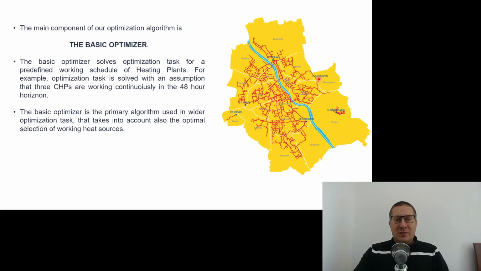And the basic optimizer solves the task for a given configuration of operating heat sources. For instance, this, and this. What should be the temperatures, pressures, and operation of pumping stations within the plant. As I told you before, the optimization is the art of decomposition, so we cannot solve everything in one task.